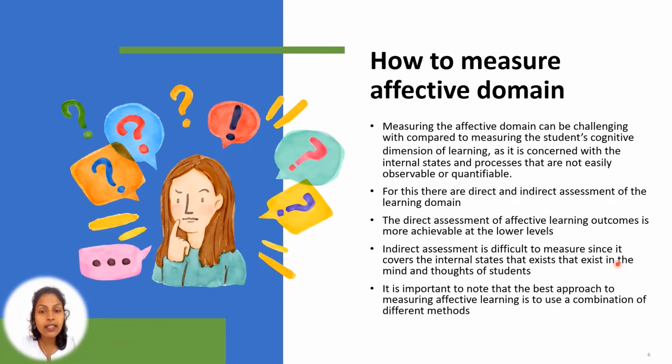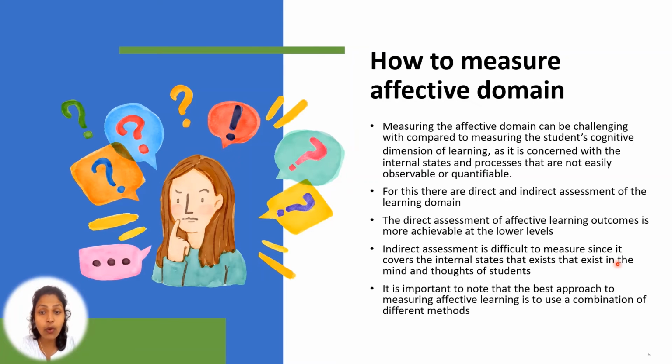So, for direct assessment, affective learning outcomes are more achievable at the lower levels. For instance, if we take only attendance to measure students' willingness to learn, it is only evidence at the responding level of the affective domain.